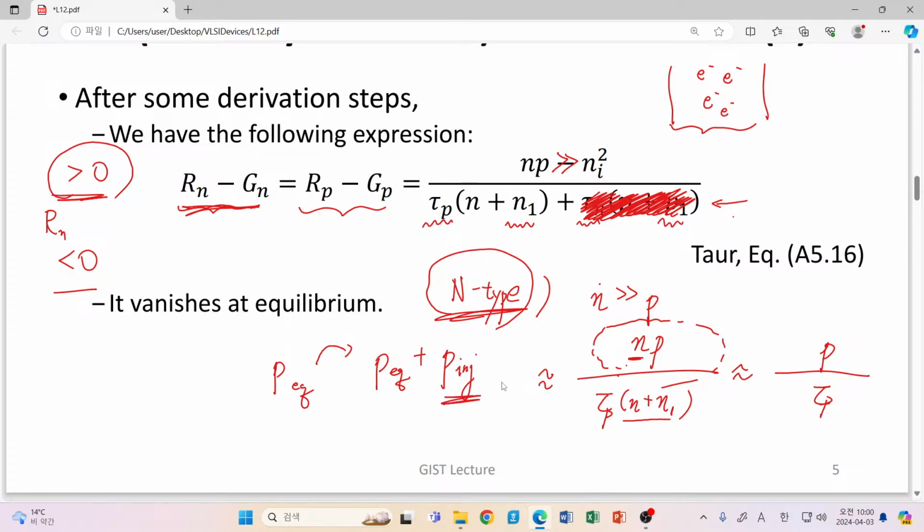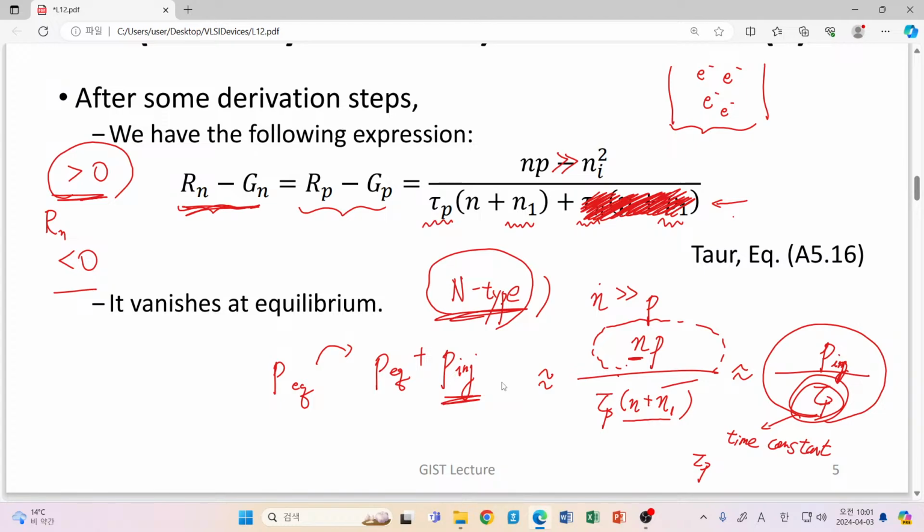Then it means that the relaxation of this excess hole density is simply given by this 1/tau ratio. So if you have some excess holes inside the n-type sample, then they will recombine, and the time constant is given as tau sub p.